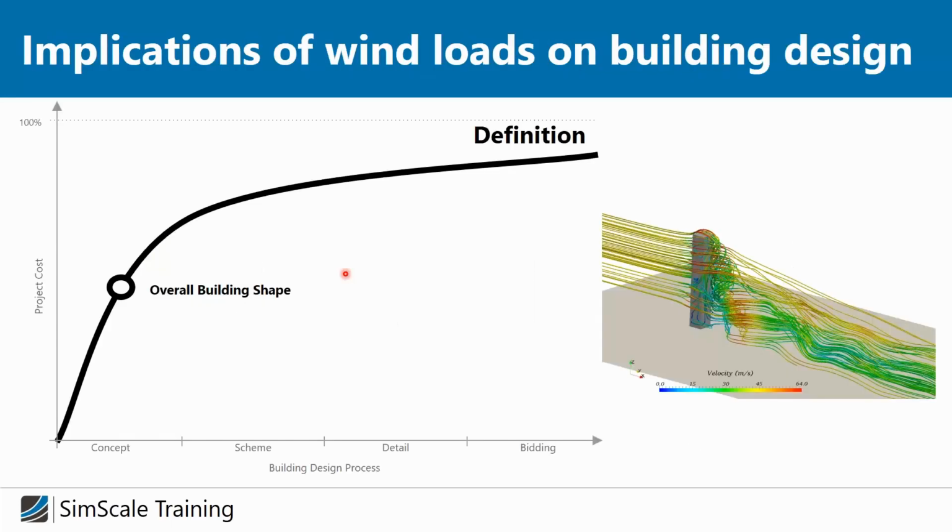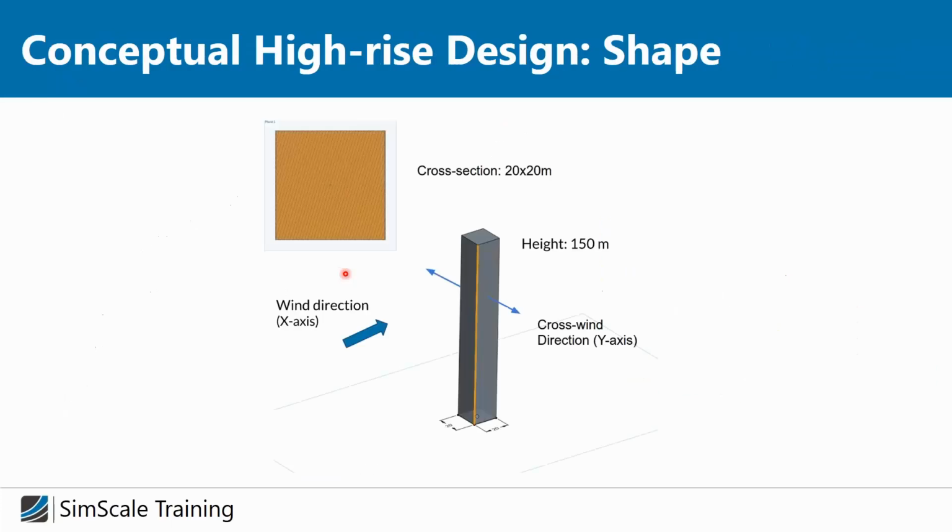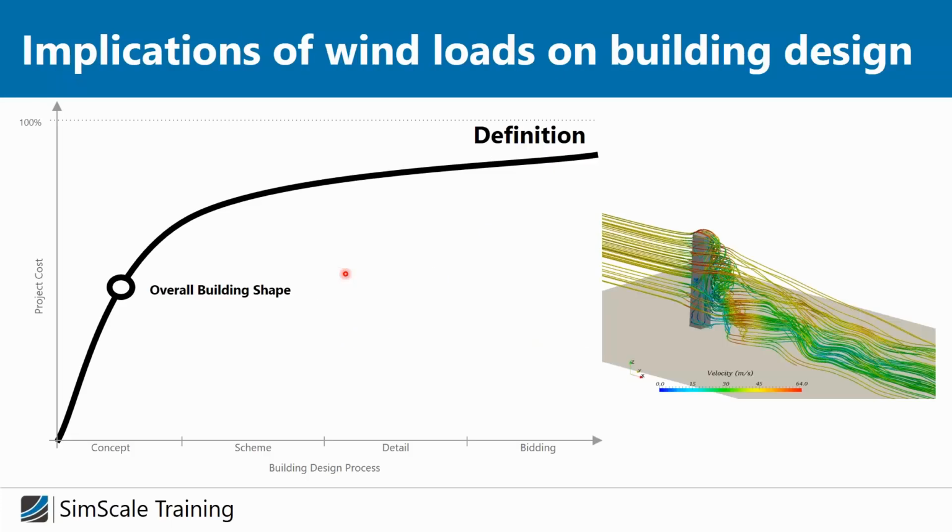If you think about the process I described for how products or even buildings are designed, we again have a definition phase. The overall building shape is defined at a very early point of your design project, and once you've chosen this, there is no way of turning back.